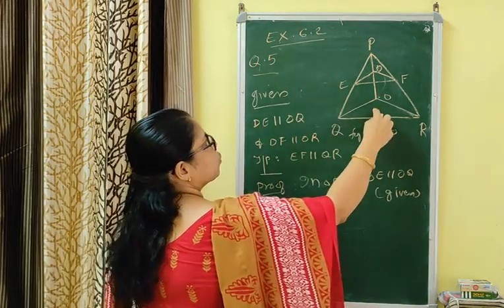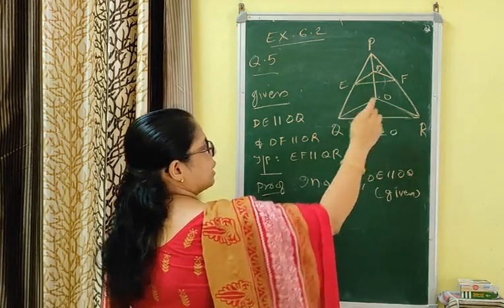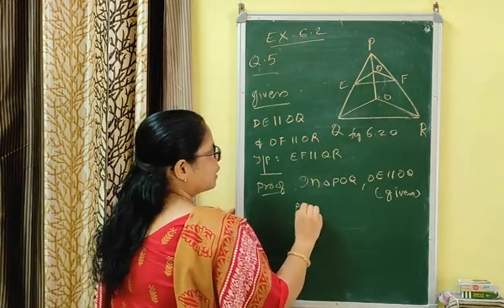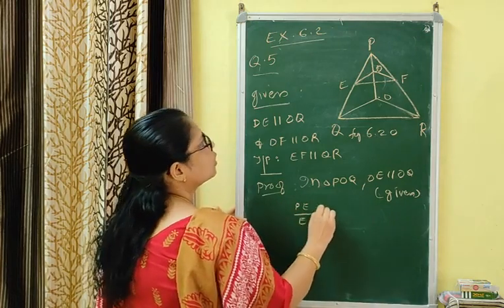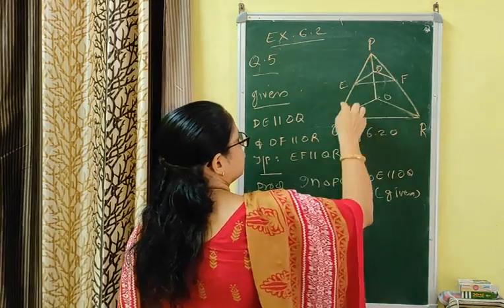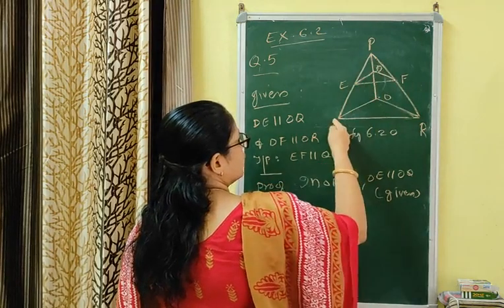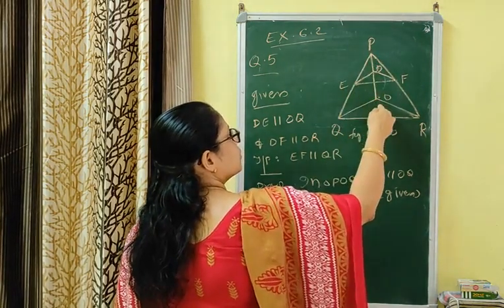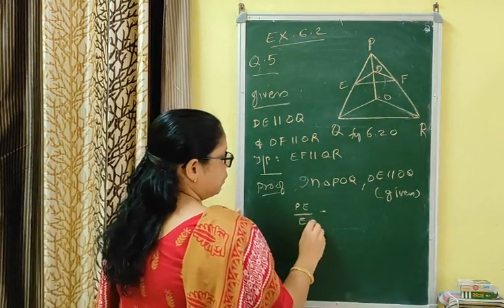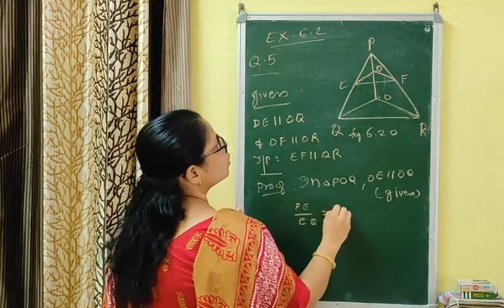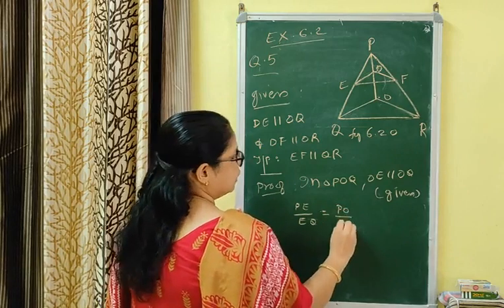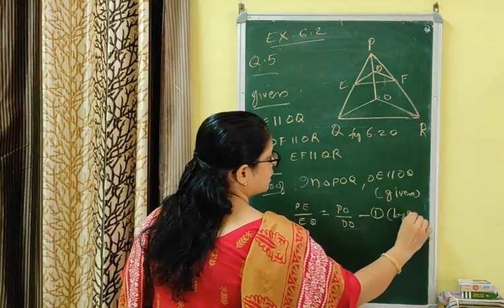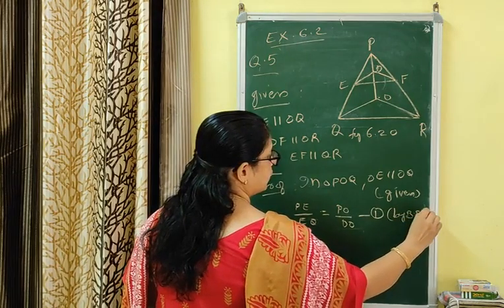In triangle POQ, ED is parallel to OQ implies, applying BPT, you have to start from P to the side PO. That is PE by EQ is equal to PD by DO. That will be equation number 1 by applying basic proportionality theorem, that is BPT.